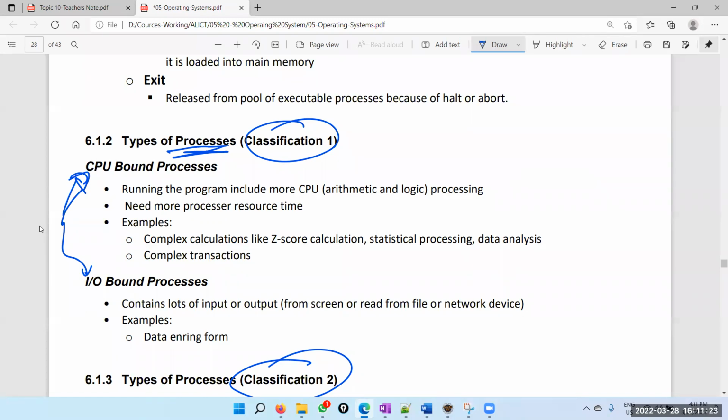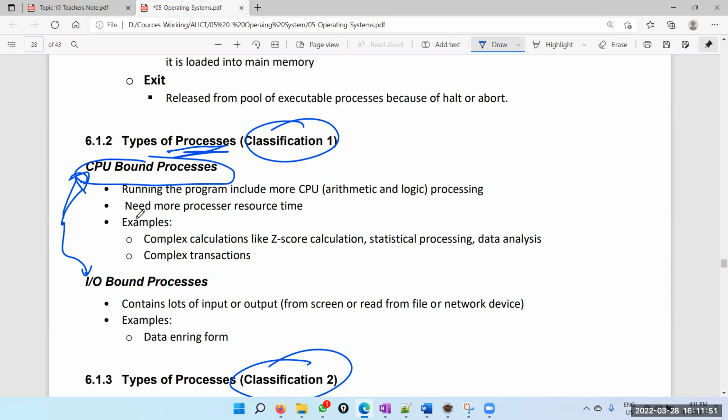In order to do graphic processing, you need a lot of processing power. That is why modern computers now have two processors, the general processor CPU and GPU, the graphic processing unit. Graphic processing needs heavy processing power. Whether it's graphic or whatever, if it needs a lot of processing power, we call them CPU bound processes.